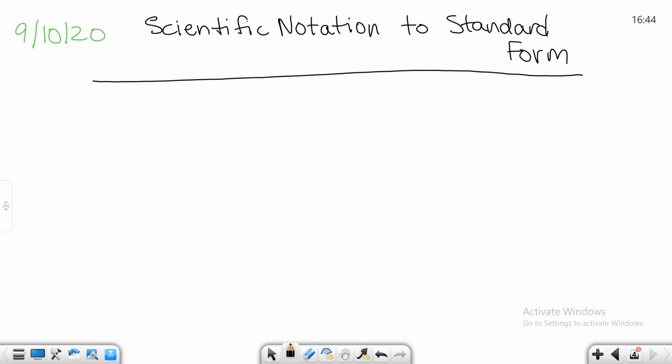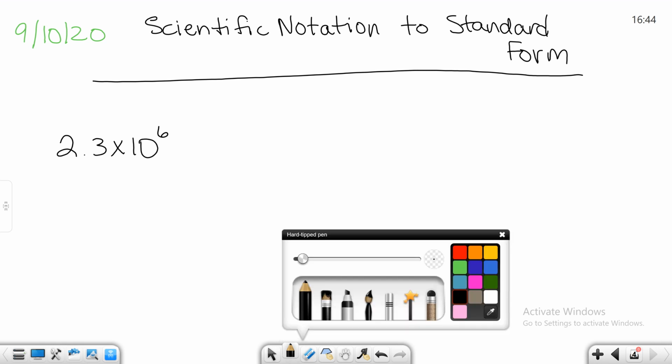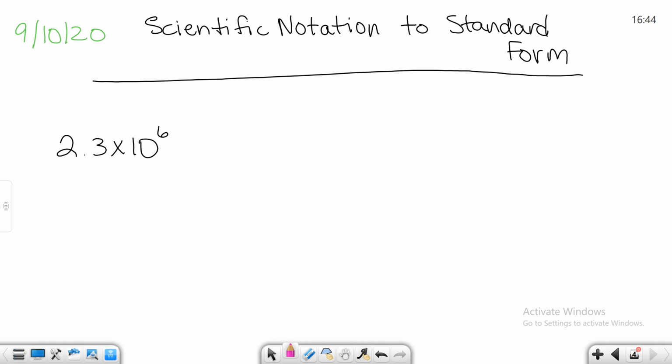So again, we're still working with very large and very small numbers, except these numbers are already going to start in scientific notation. So we have to think backwards of what we did yesterday.